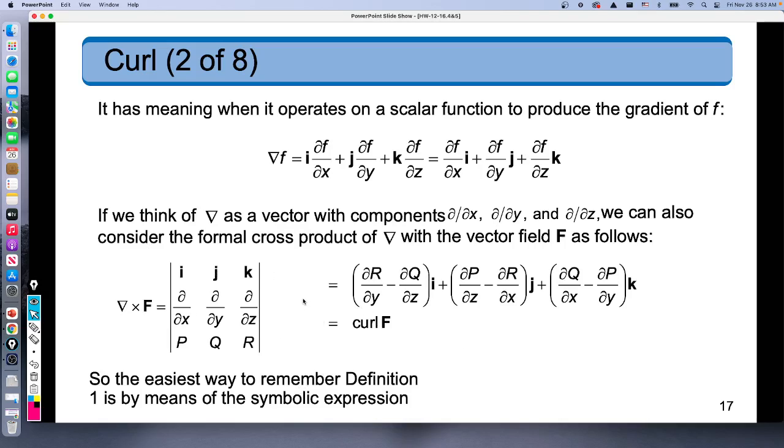If we think of this, it's really that curl is a gradient crossed with the vector function. That gives us this curl.